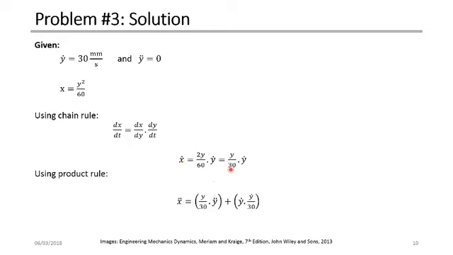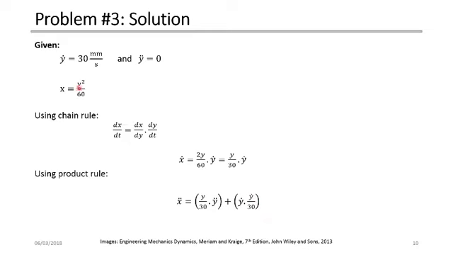On the right, we take the first variable, which is y divided by 30, multiplied by the time derivative of the second variable, which is y double dot, plus the second variable, which is y dot, multiplied by the time derivative of the first variable, which is y dot divided by 30.